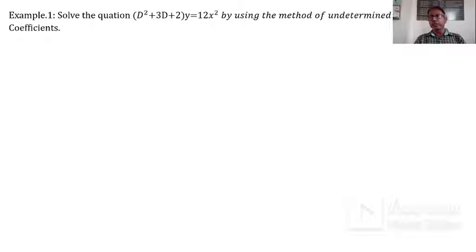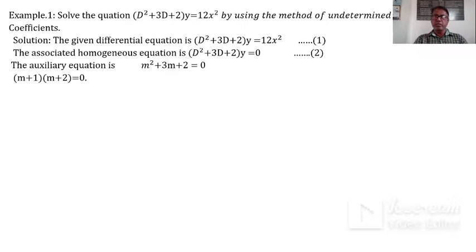But here we want to find the general solution of this differential equation by using the method of undetermined coefficients. For this purpose, as usual, first we find the complementary function. Consider the associated homogeneous differential equation (D² + 3D + 2)y = 0.